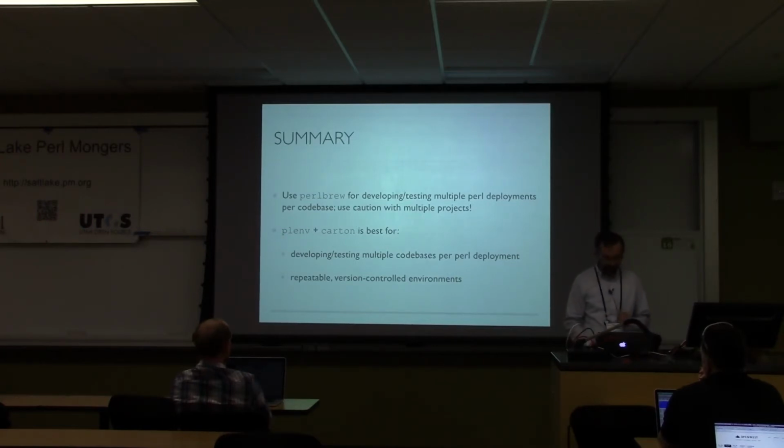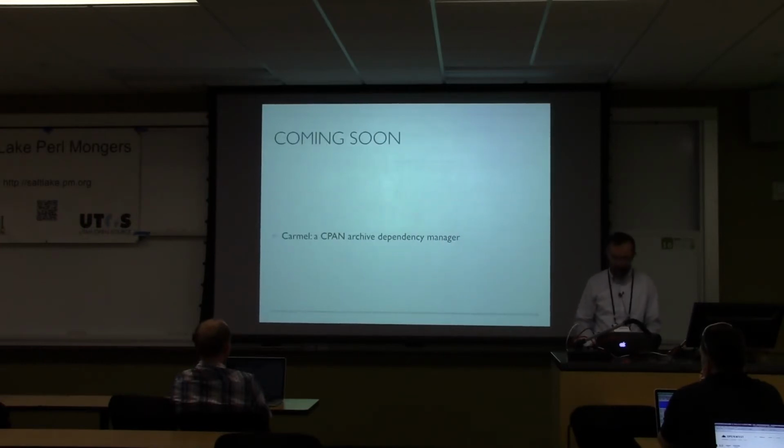There is another project coming soon that Miyagawa is working on. It's called Carmel. That looks really incredible. Have you read anything about Carmel? From what I've read, it looks like it will also build a little mini CPAN for you, which is not unusual. There's a lot of projects that do that.